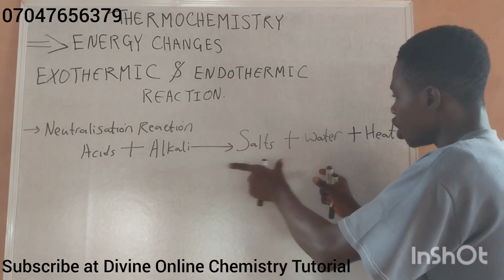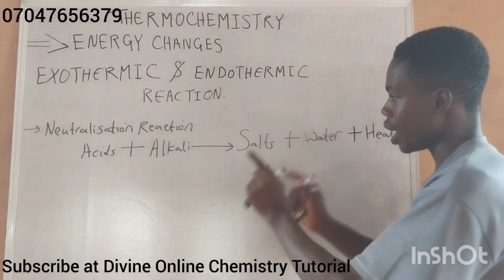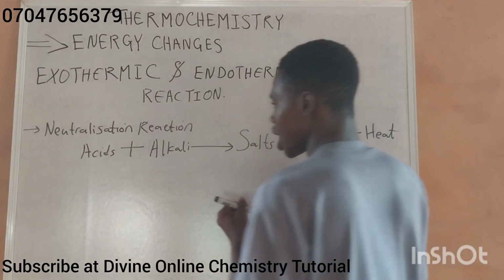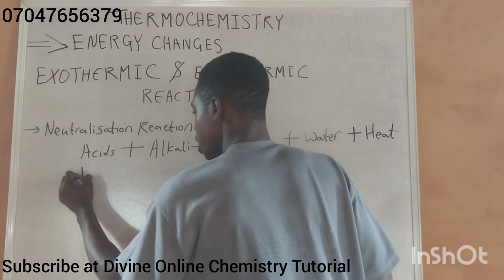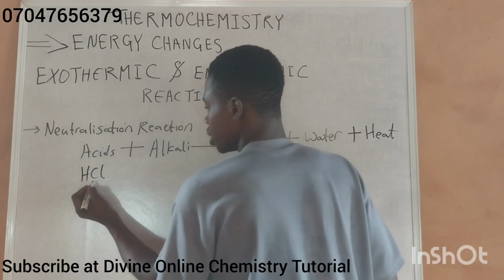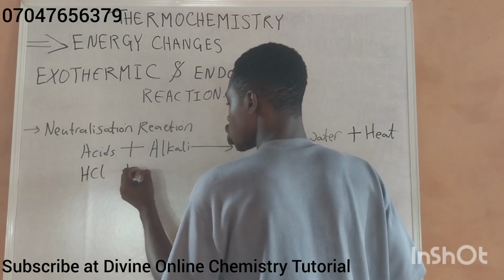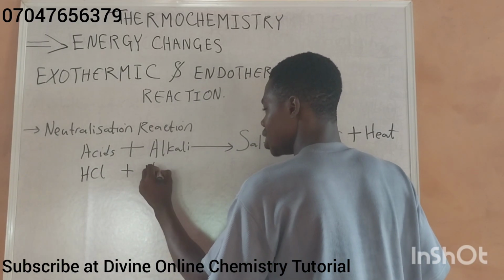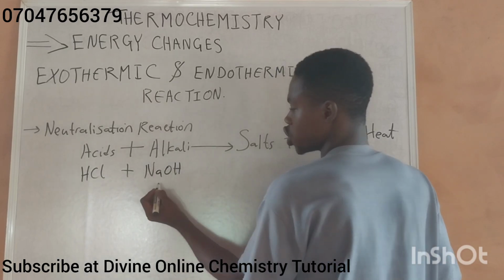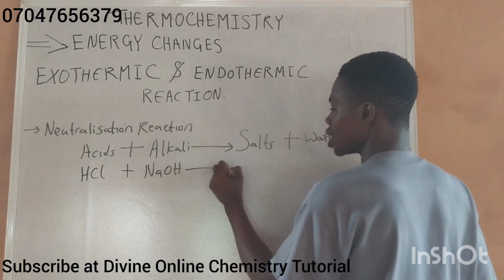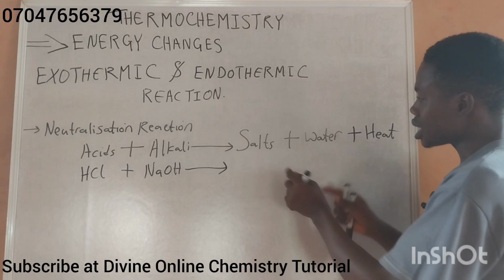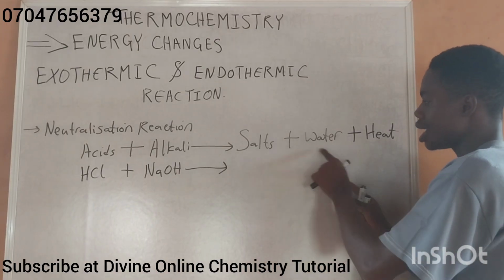So having illustrated this, now let's use a chemical equation to explain it. Under acid, let's say we have hydrochloric acid, HCl, which happens to be a strong acid, plus sodium hydroxide, NaOH, which happens to be a strong alkali. We already know that the product formed will be salt and then water.